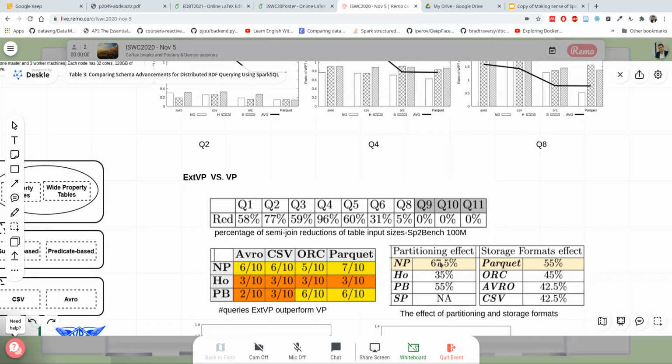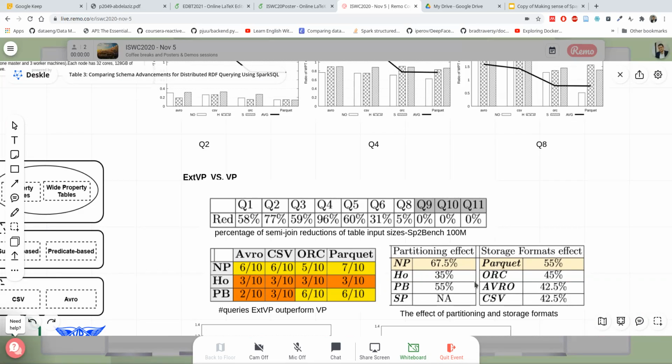The next table shows how far the data partitioning and data formats impact the results of ExtVP in comparison to VT schema performance. The table shows that partitioning significantly degrades the performance of ExtVP, which degrades from 67% adopting the HDFS partitioning to 35% and 55% adopting horizontal partitioning and predicate partitioning respectively.